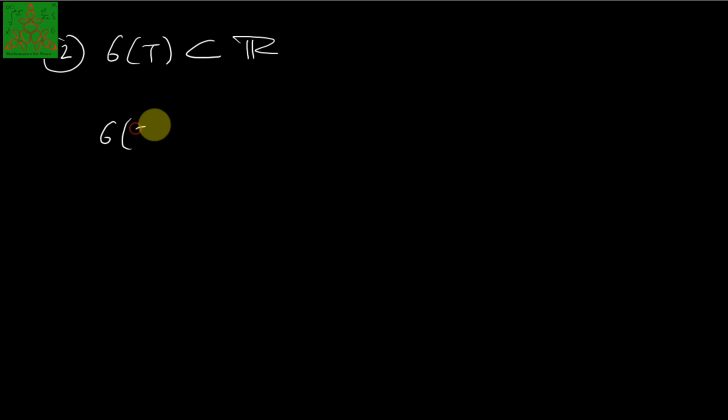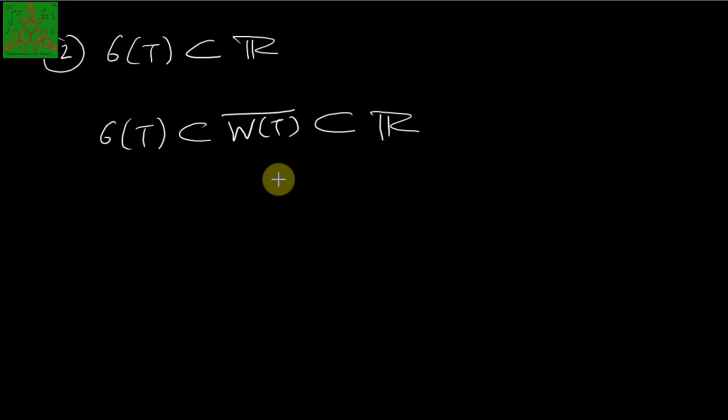Since the numerical range is a subset of the real line, we can also say that the spectrum of T is a subset of the real line, because as we know the spectrum is always a subset of the closure of the numerical range, and since the numerical range is a subset of the real line, its closure is also a subset of R. And if you see it as a matrix, for a symmetric matrix we know that the eigenvalues are always real numbers.